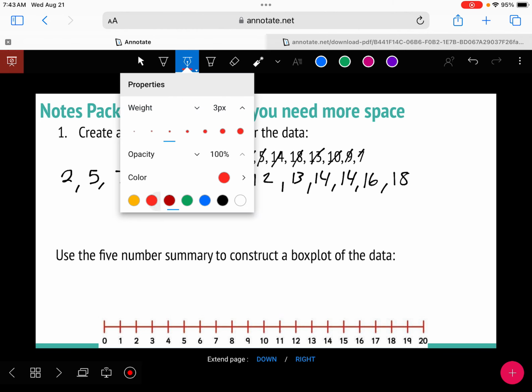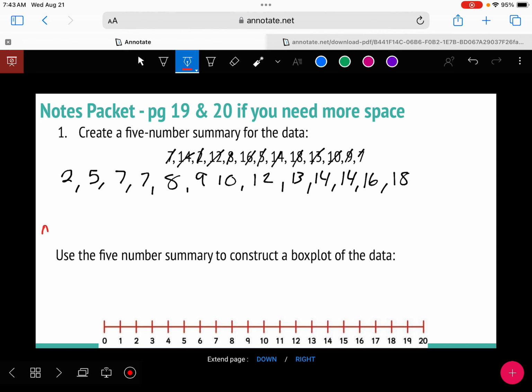So, starting with an easy question, what is our minimum? 2. What is our maximum? 18.